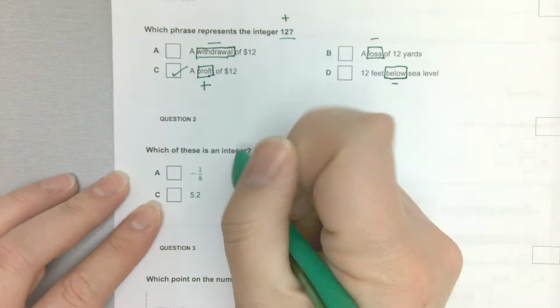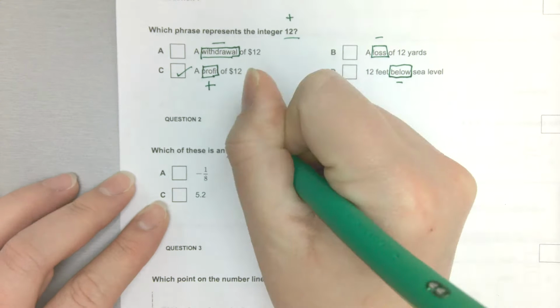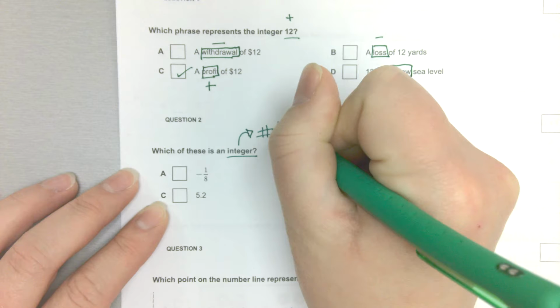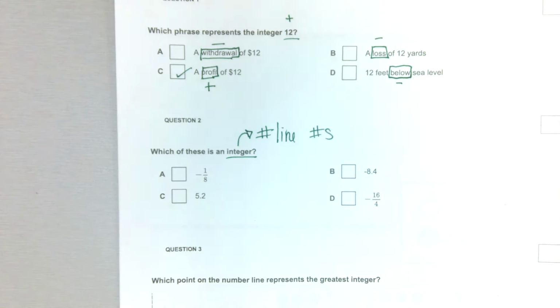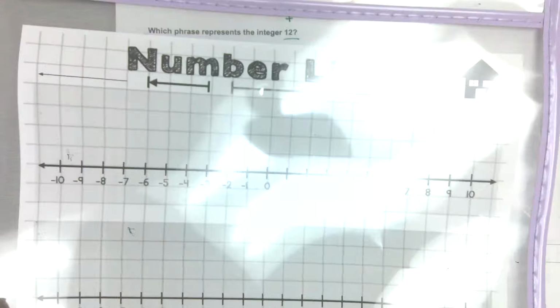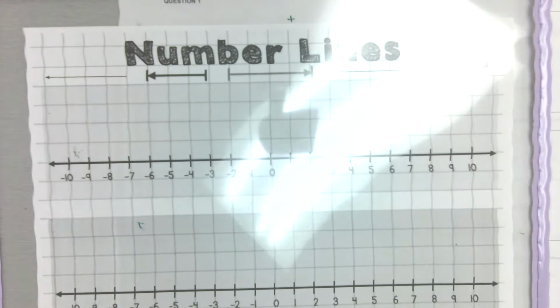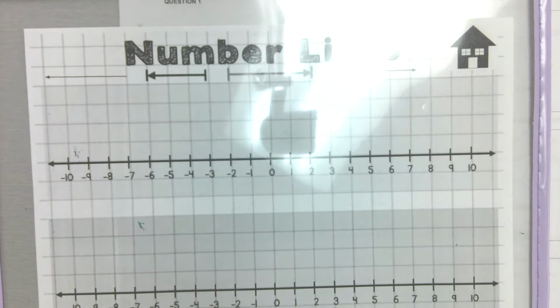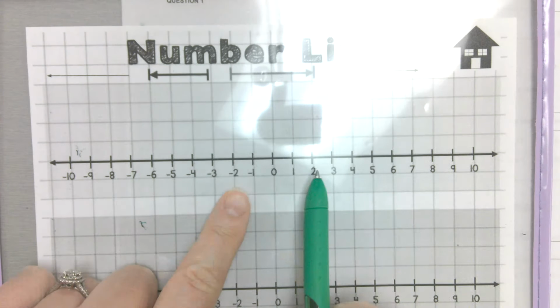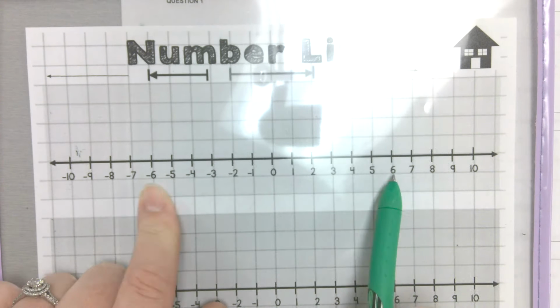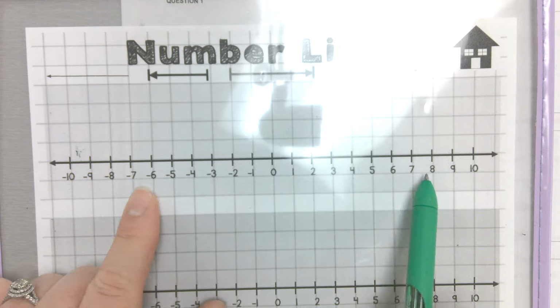Question number 2, which of these is an integer? Remember, integers are our number line numbers. So if I take a look at a number line, we see we have negatives, we have positives, we have 0, but there's no decimals and there are no fractions.